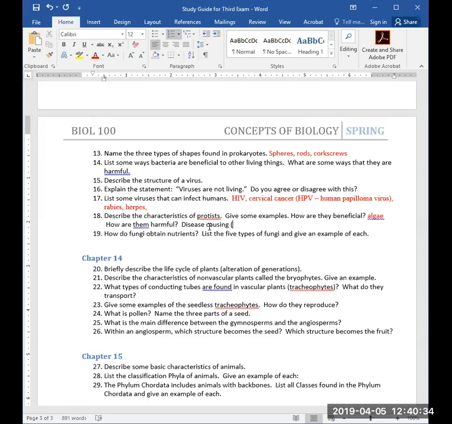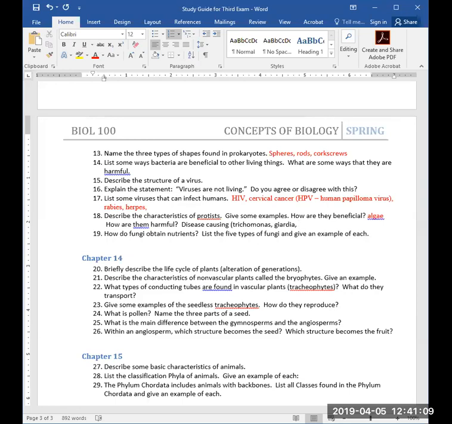Let's see, disease causes. So what are some diseases? There's like STDs, sexually transmitted diseases, Trichomonas vaginalis, Giardia from tainted water. You can get these little protists, parasites that enter your body.